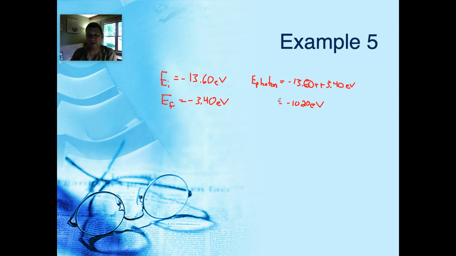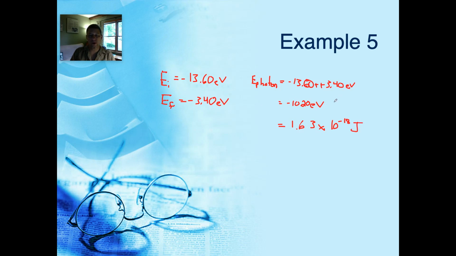And so I'm going to take this and simply multiply it, negative 10.20 times 1.60 times 10 to the negative 19th joules, and that's going to give me 1.63 times 10 to the negative 18th joules.